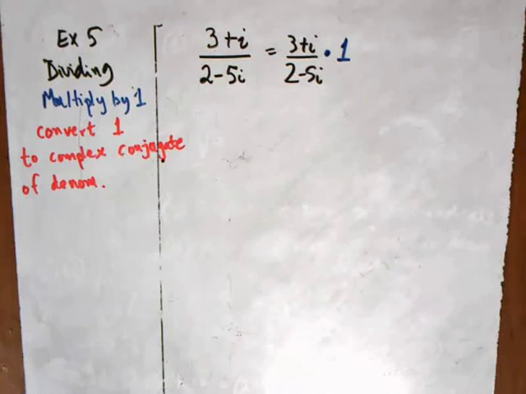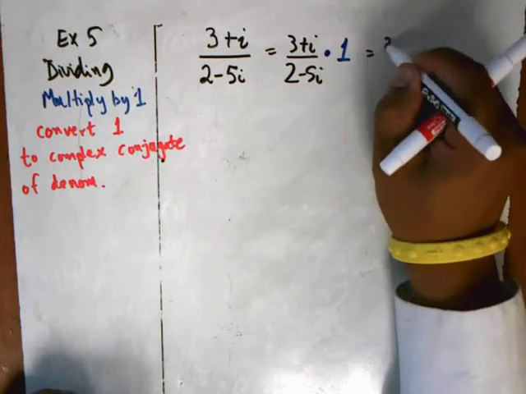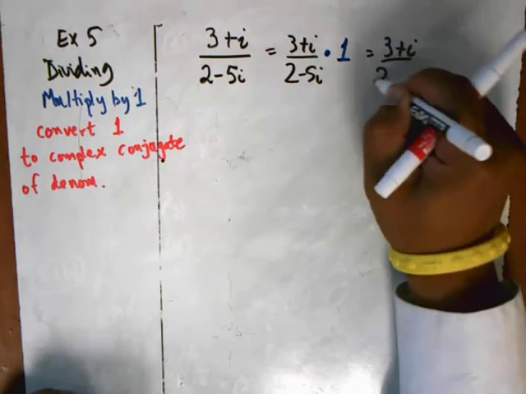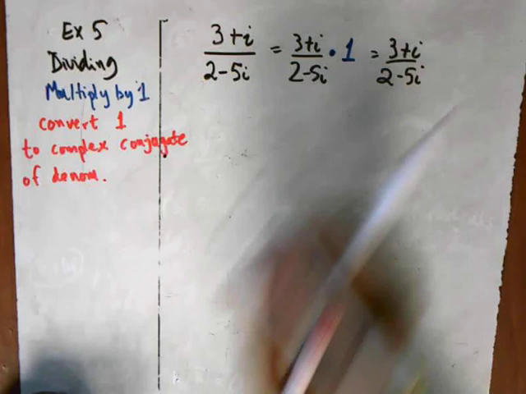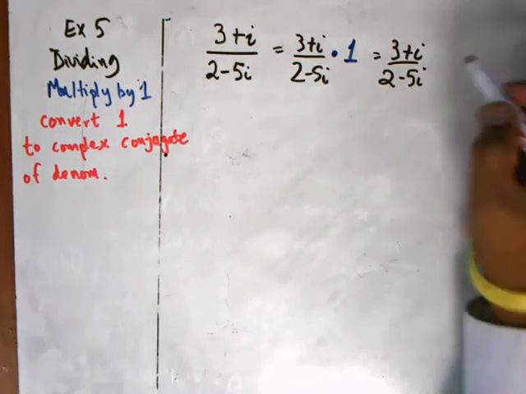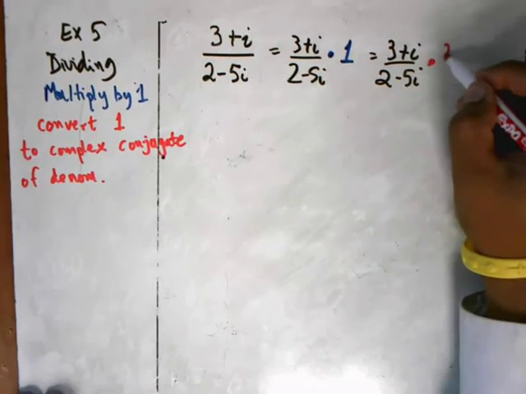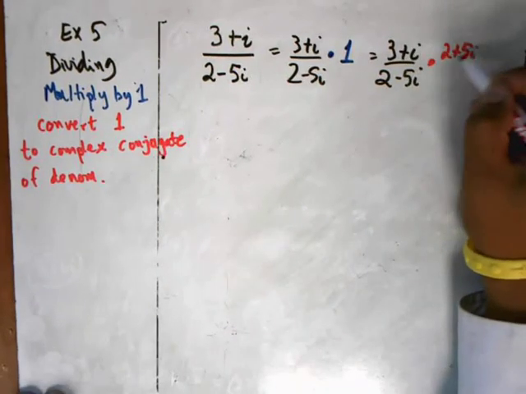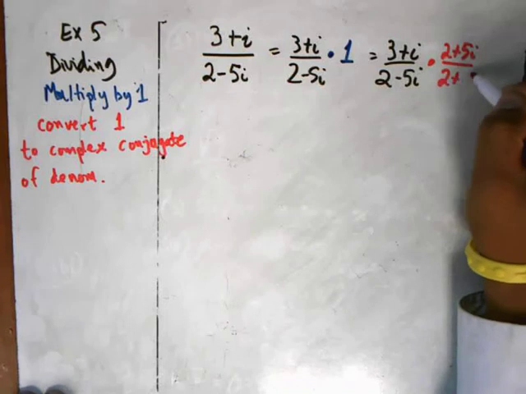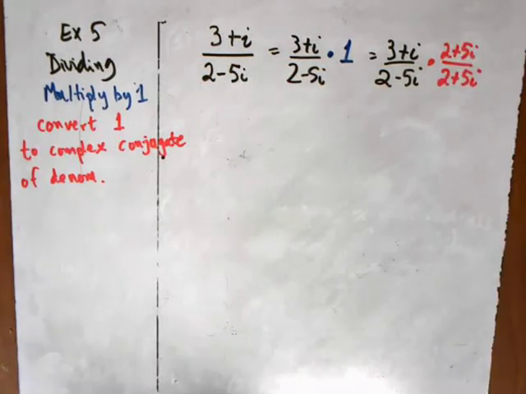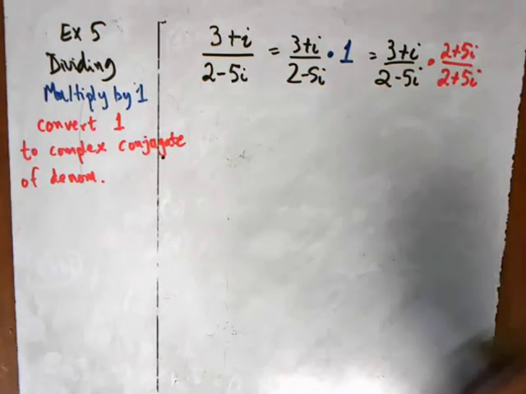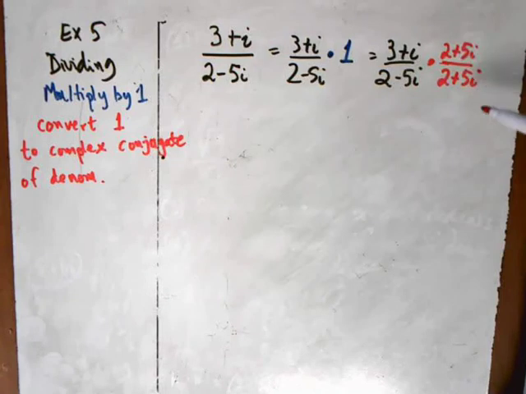So we take this 1, write that there, and we change it into 2 plus 5i over 2 plus 5i. See there? So 2 plus 5i over 2 plus 5i, that's still 1.